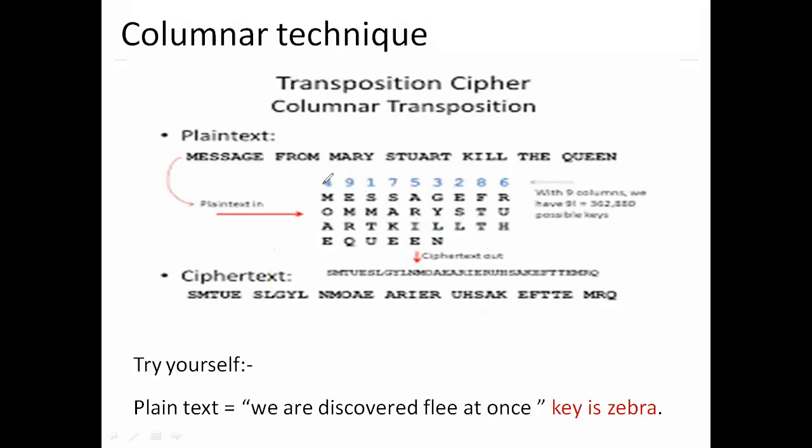We can also have 1 3 5 7 9 and 2 4 6 8 as a rectangle key. After execution of this, we will have smtu, then the second column esl, and then the whole message with respect to the sequence. Any doubt?